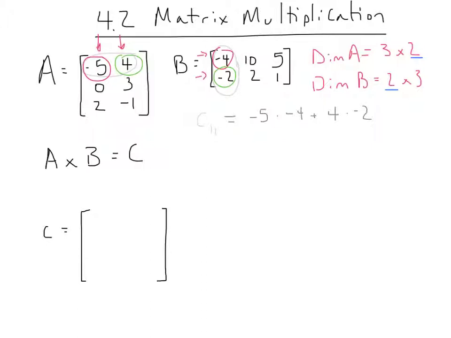And our result, that's going to be 20 plus negative 8 is 12. And for C12, we'll again take the first row in matrix A, and this time by the second column in matrix B. So we will get negative 5 times 10 plus 4 times 2. That's negative 50 plus 8 is negative 42.